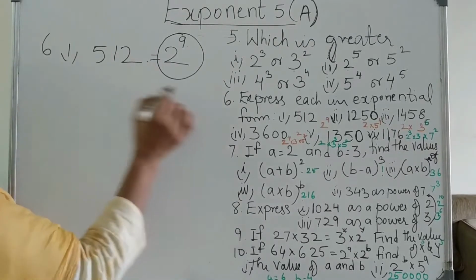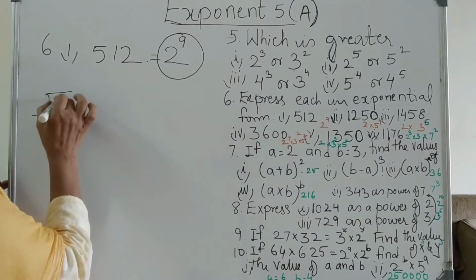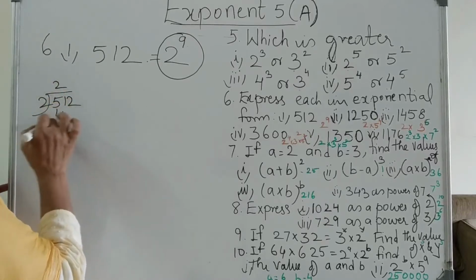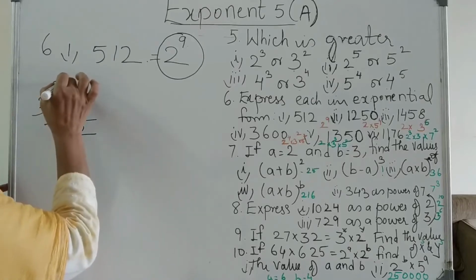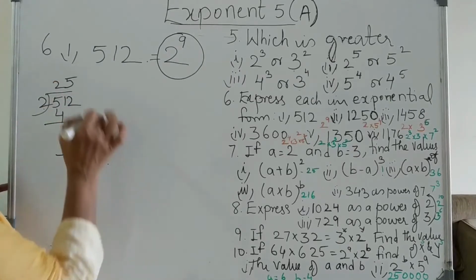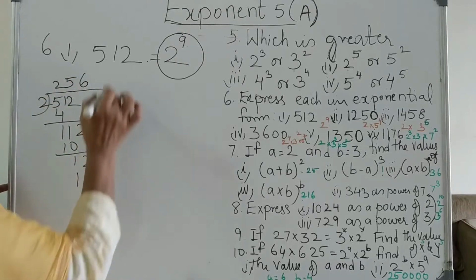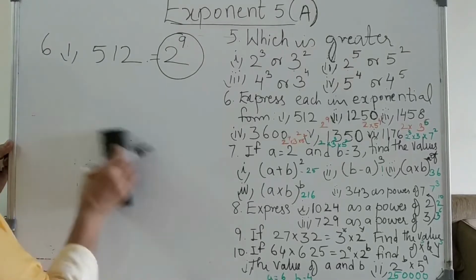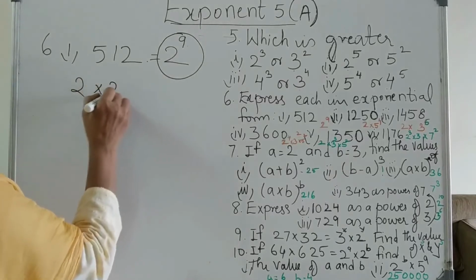Now horizontally you can divide this 512 by 2. 2 2s are 4. Now 1 is remaining. 2 5s are 10. 1 and 2 is 12 remaining. 2 6s are 12. Now you can write 2 into 256.